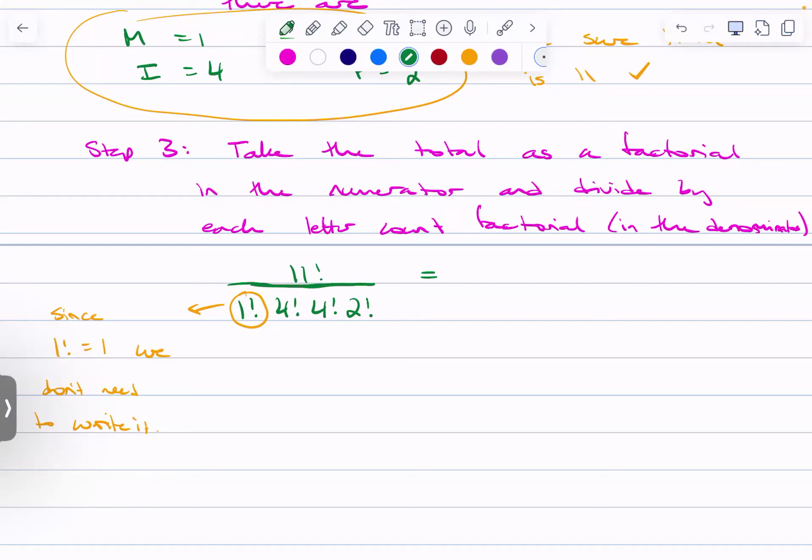11 factorial, if you have a factorial button on your calculator, now might be the time to find it. I get 39,916,800 divided by 1 times, let's see, 4 factorial is 24 times 24 times 2.